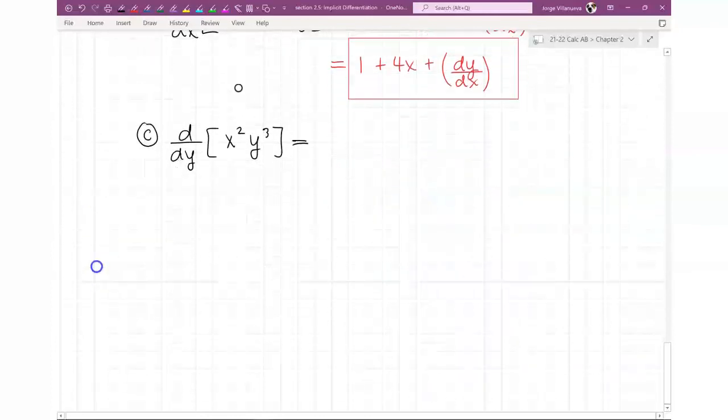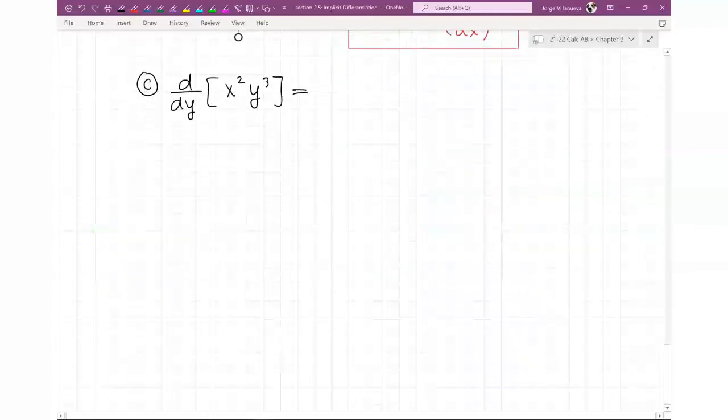All right, so let's look at this last one. So product rule, right? I have to take a derivative of x squared y cubed with respect to what? Y, okay? So y is the correct variable. So when I do this product rule, the derivative of x squared is 2x, but that's not the right variable.